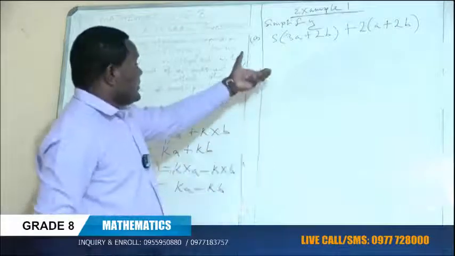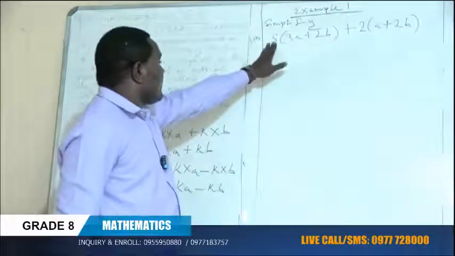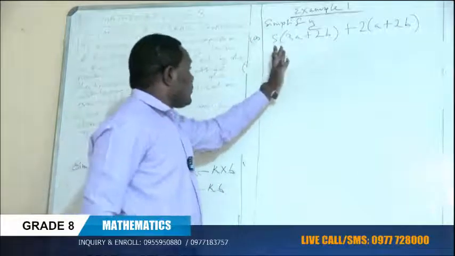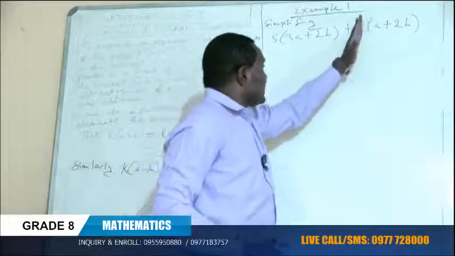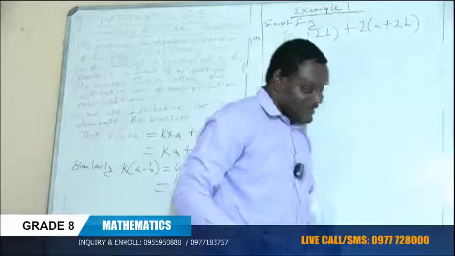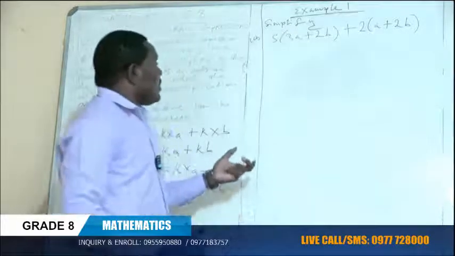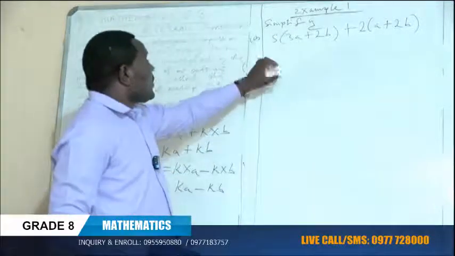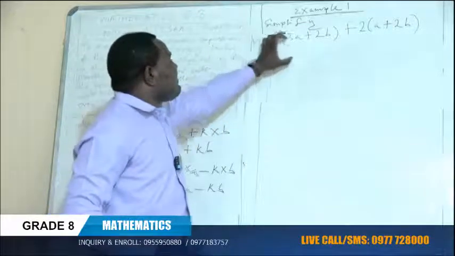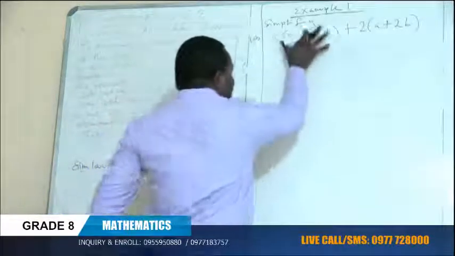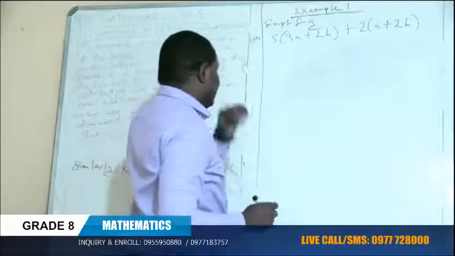This is the expression we have here. We are going to distribute, meaning we are going to multiply 5 by each and every term in this bracket.